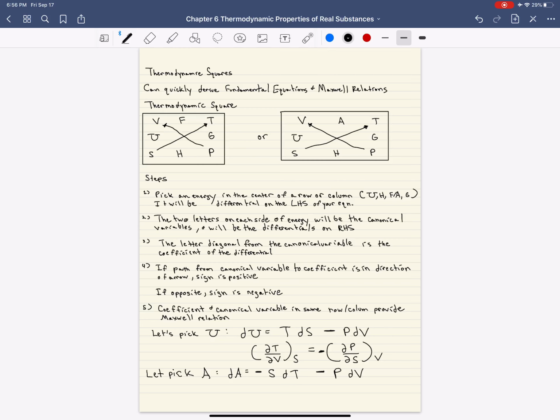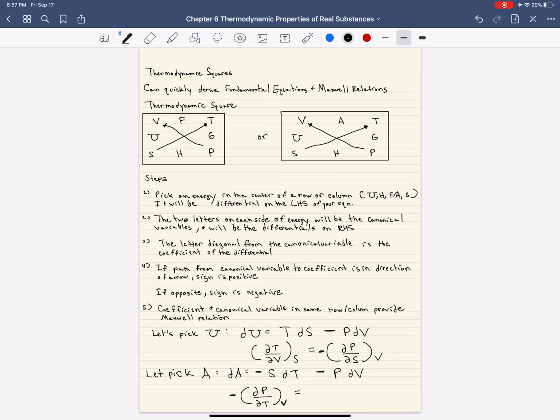Now, to get the Maxwell relation, here we look at the coefficient P. We see that it's in the same column as the canonical variable T. So dP/dT, and the coefficient was a conjugate pair with V, so it's at constant V. There's a negative here.